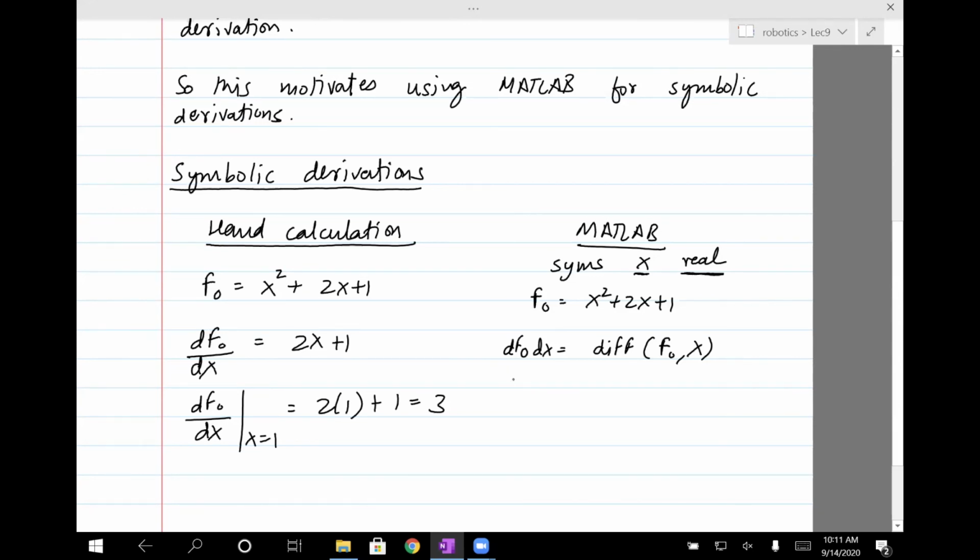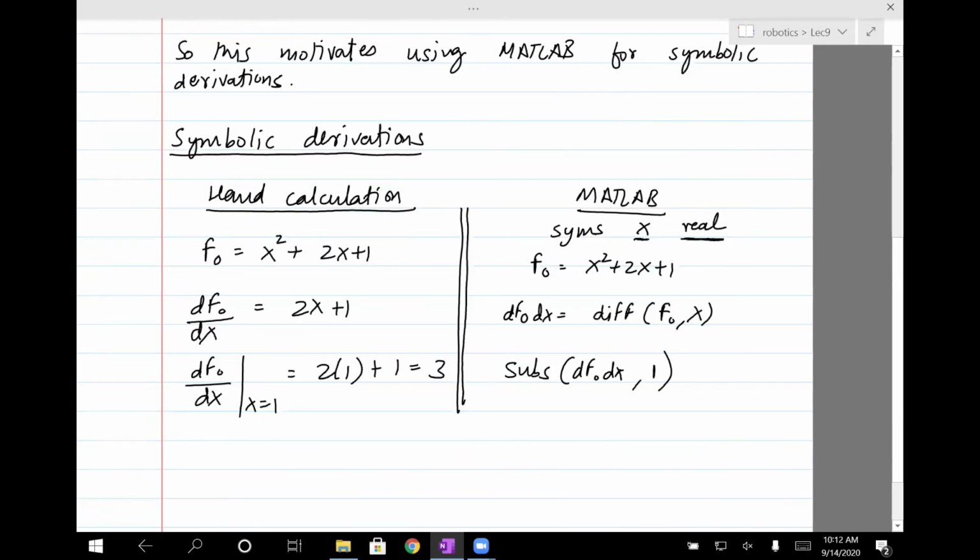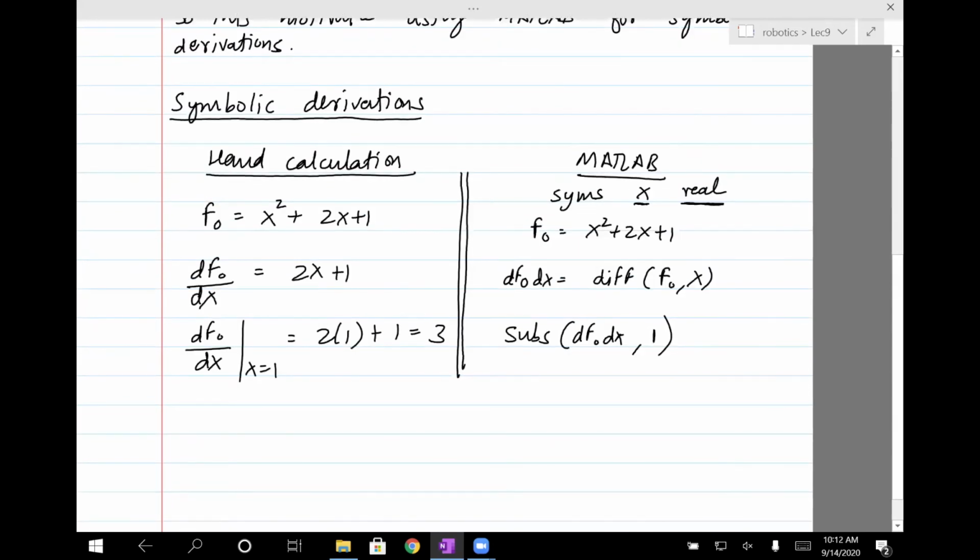So subs df0 dx. I want to put in df/dx at x equals 1, so I'll put 1. And my claim is that this code here on the right side will do exactly what I did with hand calculations.